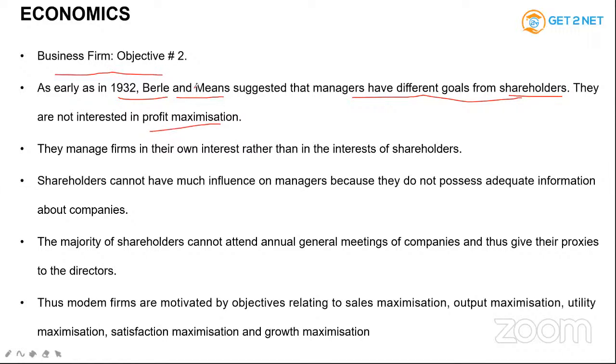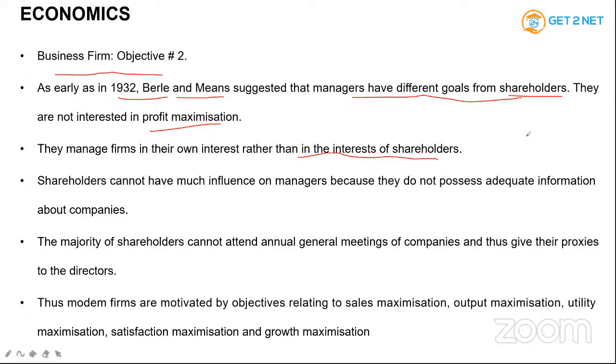According to Berle and Means, in many places managers have different goals. They are not interested in profit maximization. Rather, they are more inclined towards their own interests than those of the shareholders.